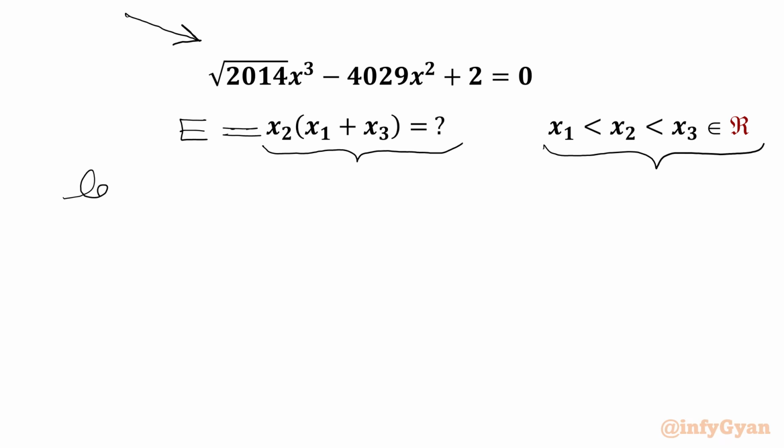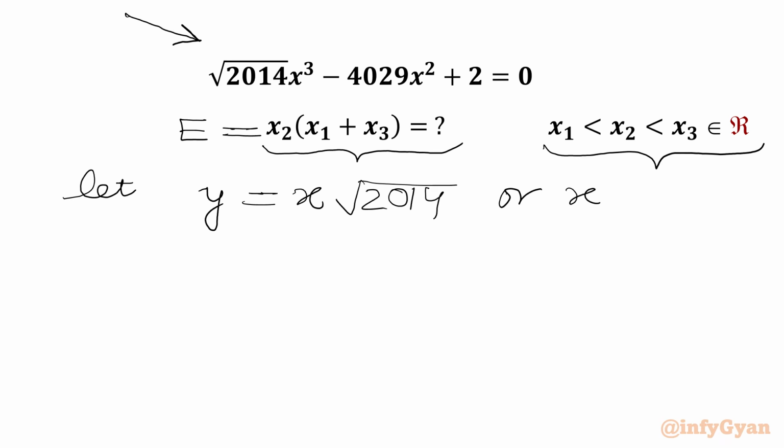Then we are going to consider our substitution straight away. I will consider y equal to x times square root 2014, or I can write x equal to y over square root 2014. Let's put this x value into our equation.